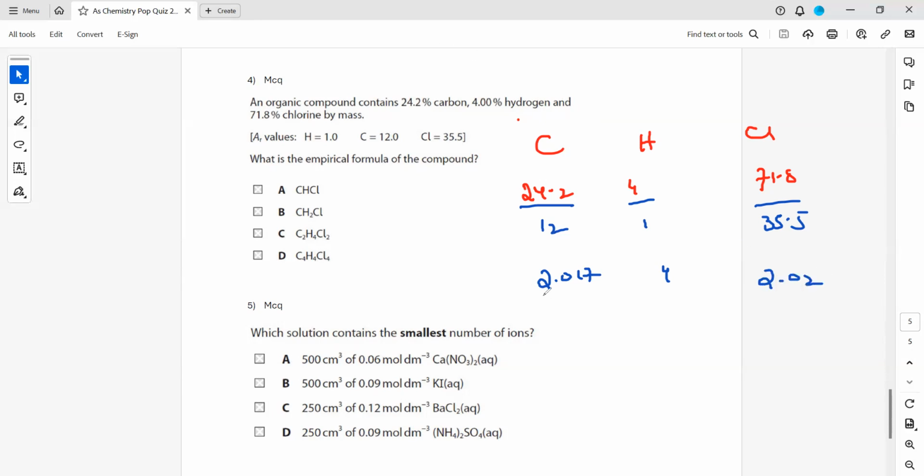Then we divide by the smallest value, 2.017. This will be 1, this will be 1. And 4 divided by 2.017 equals 1.98, which is approximately 2.